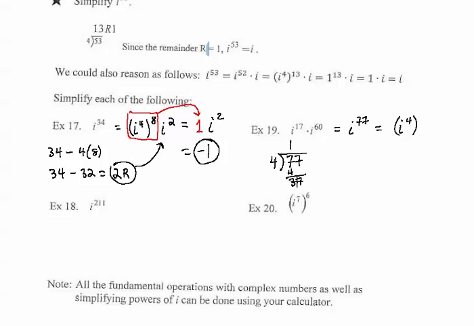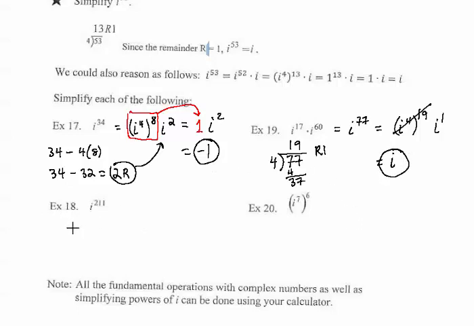We're left with a 37, and then we can take out 9 4's from 37, and we'll have a remainder of 1. So over here we can write i to the 4th to the 19th power, and then we have 1 i left out to the side. We're just going to throw those away, and we're done. This is one of our basic results, and so i to the 77 is just simply an i.